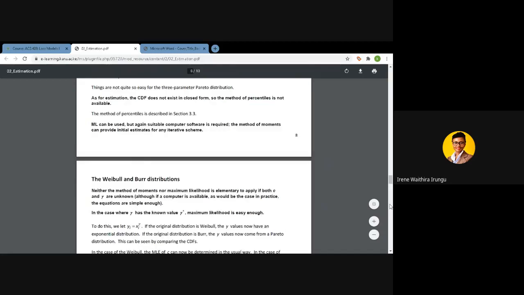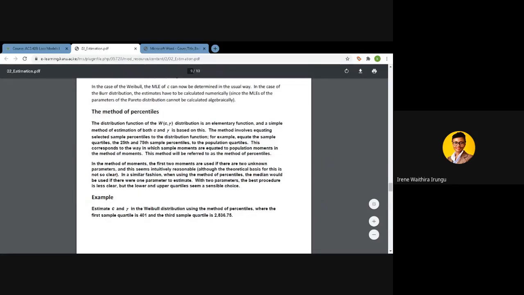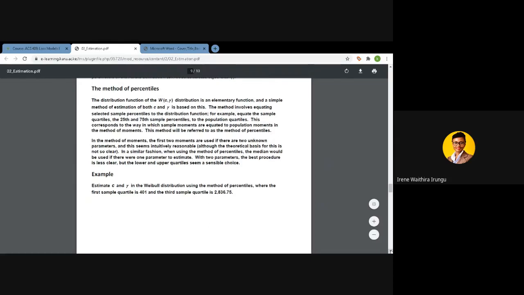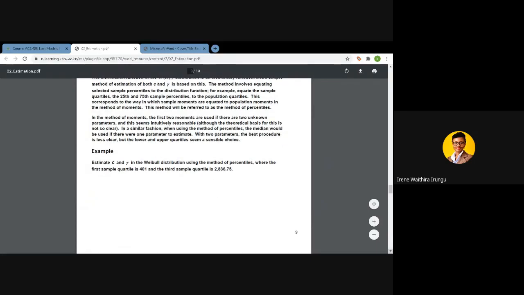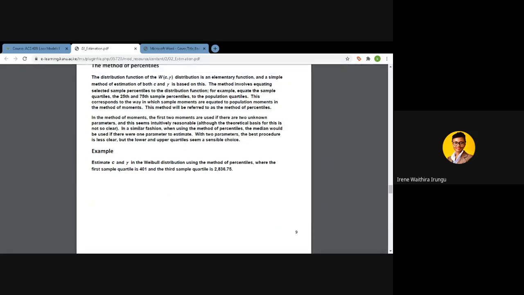So you can now look at the other method, percentiles. This method is suitable for some distributions where it may not be possible to use the earlier methods. Then the method of percentiles comes in. So we are looking at a Weibull distribution. Suppose we have a Weibull distribution, again estimating our claim severity.